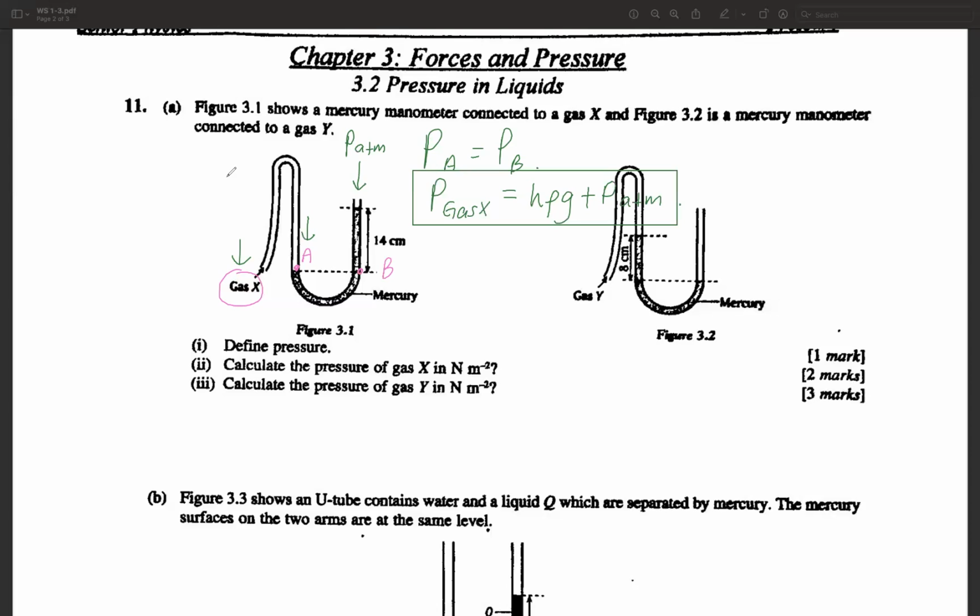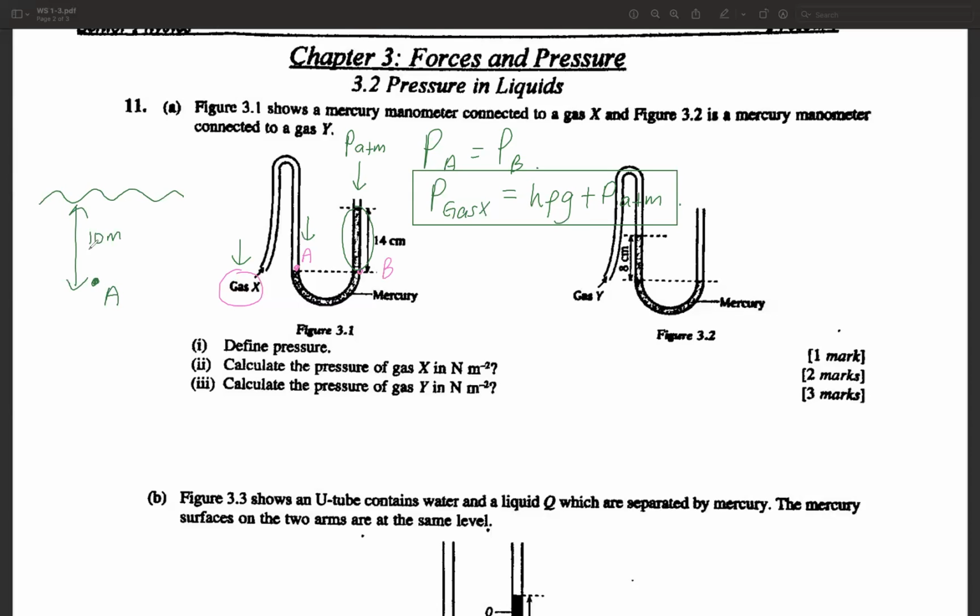Okay, so you always want to be careful whether the tube is open or not. If it's open, the total pressure acting on point B is the column and the ATM. Same as if the question asks you to calculate what is the pressure at point A under the sea here. That is 10 meters under.